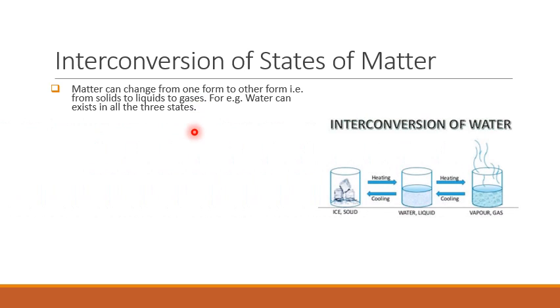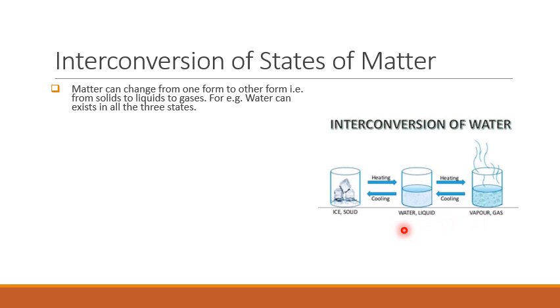Under normal conditions, or at room temperature, water exists in liquid form. If I cool water, it will become ice, or I can say it will turn into a solid. Similarly, if I heat water, it will convert into vapors, which is a gas.